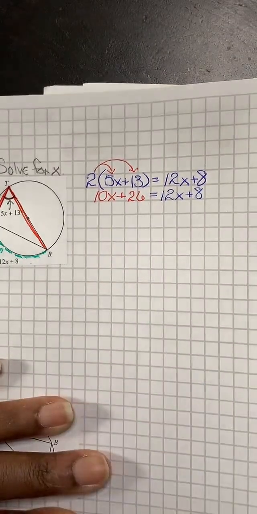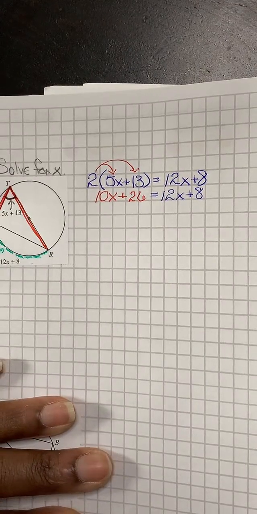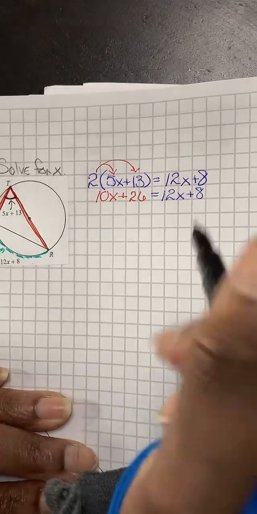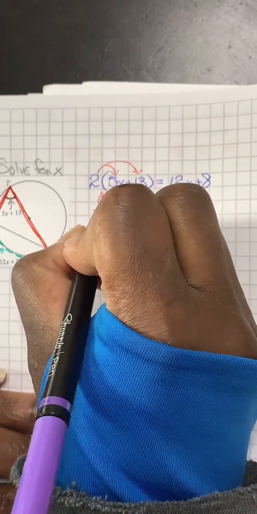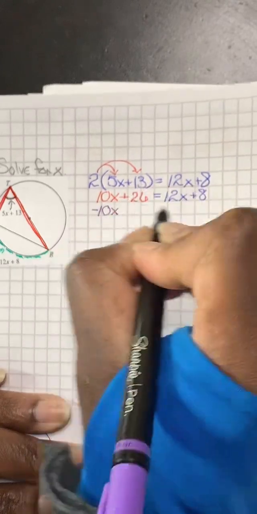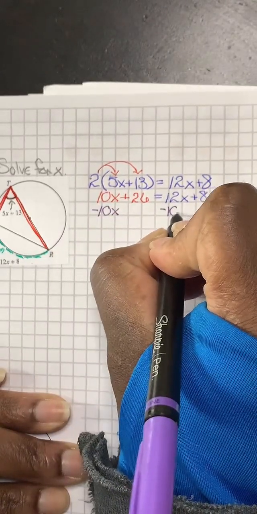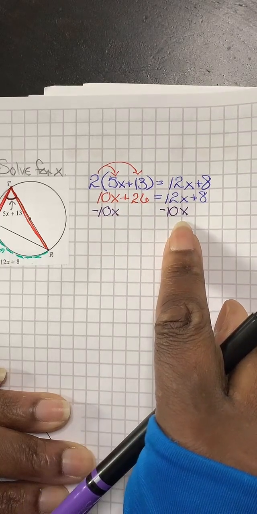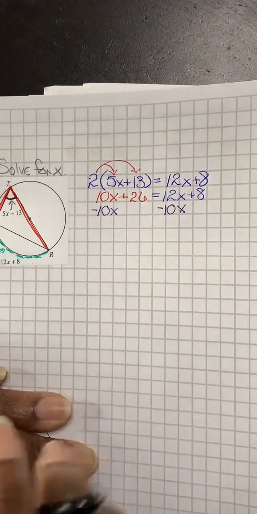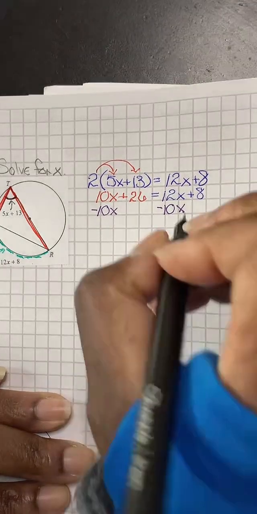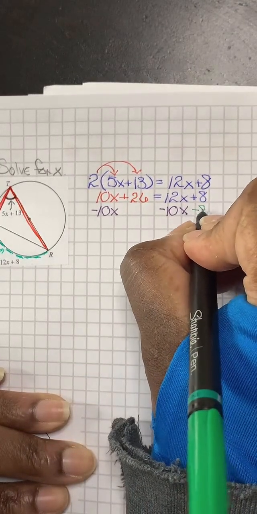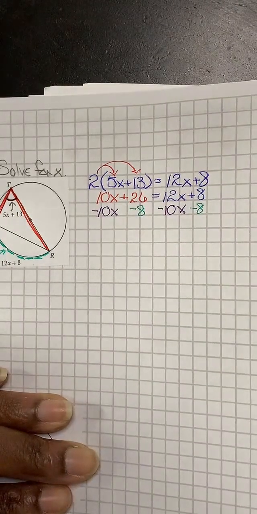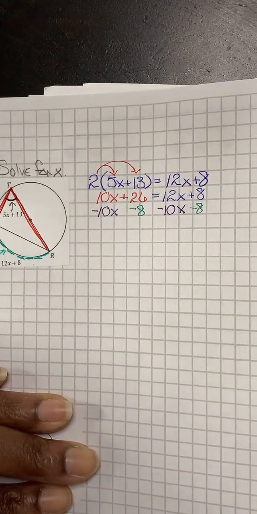we want to get our x's to the same side. It really doesn't matter what side, but if you want to keep everything positive, we can subtract the 10x. If I'm moving my x's to the right, that means I need to move this 8 to the left. You can do all this in one step.